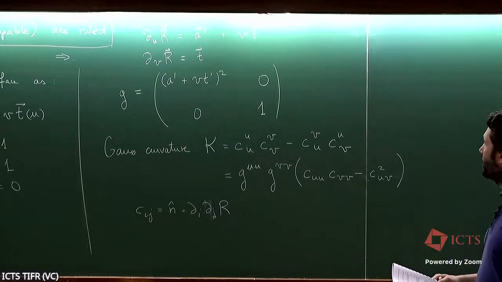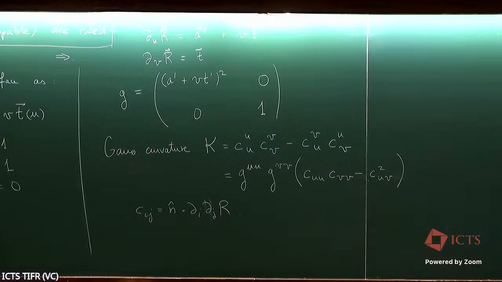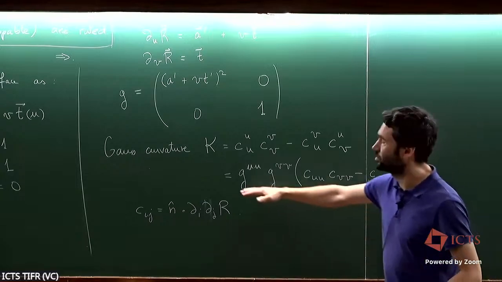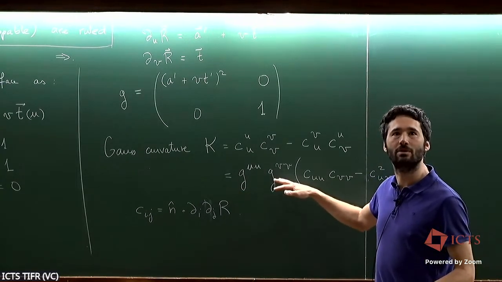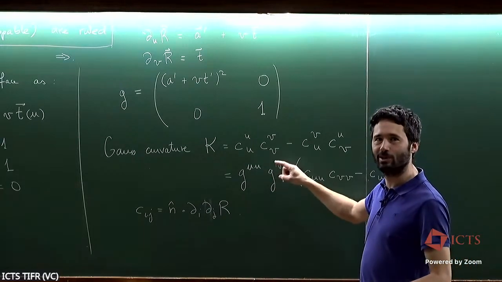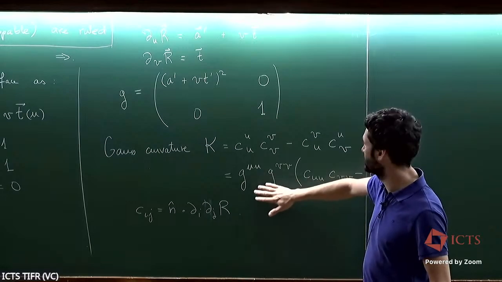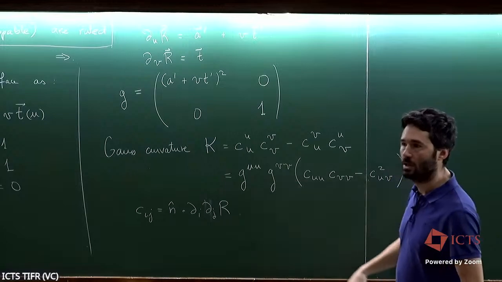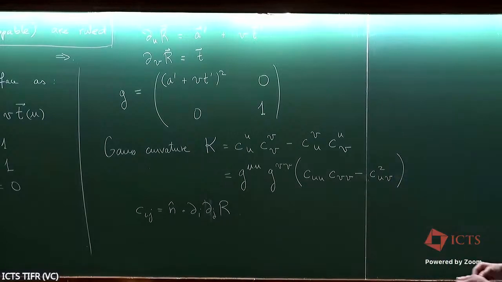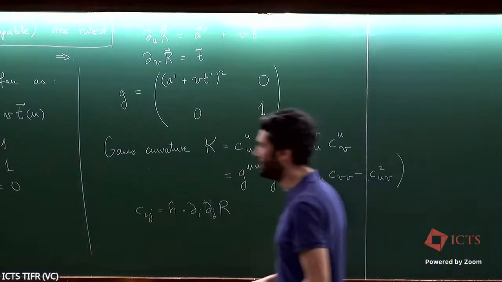Everything here is a bit messy, with many terms, but we can simplify because we want the Gauss curvature to be 0, so we can discard the prefactors. The prefactors are G_UU G_VV, a non-zero prefactor, so we don't have to care about it.